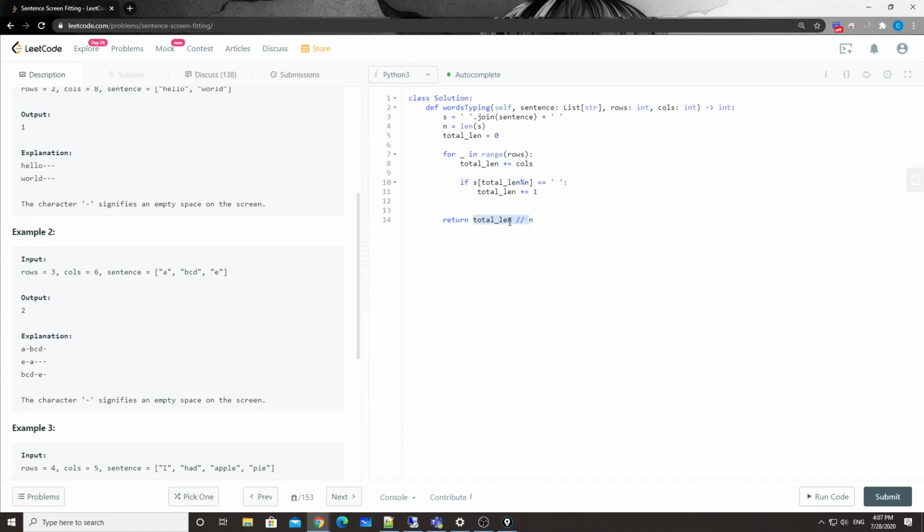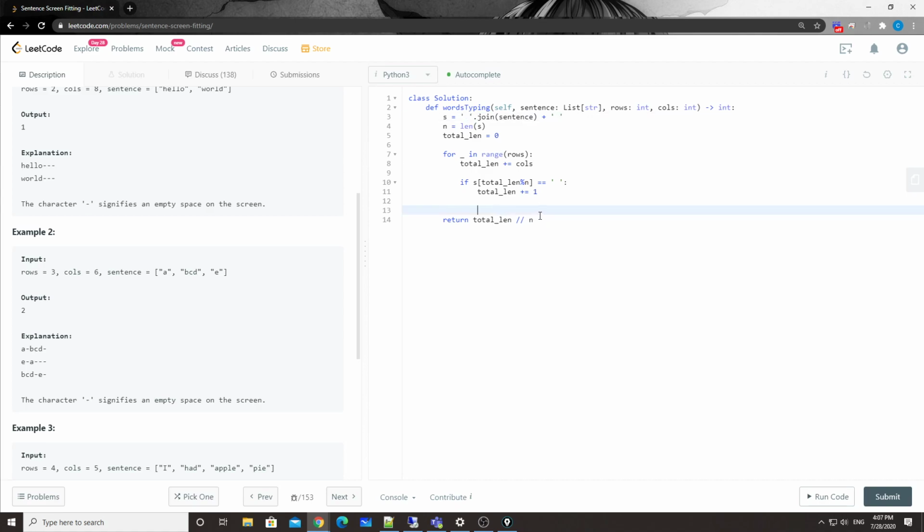That's how we use the total length to get how many times we can fit the whole sentence into this screen. Since when we create the sentence we add a space, and every time we are at a new row and we see, okay, this relative position is a space, then we know we have to add one more to compensate to match with the space we're adding for each of the words.